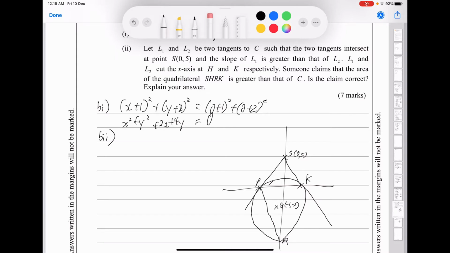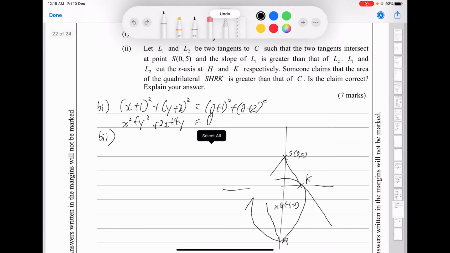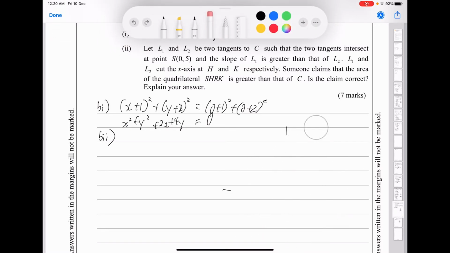So let me draw it better. Sorry, I really can't control the eraser. And okay, draw right in the middle. Oh, why does it appear here again? Okay.